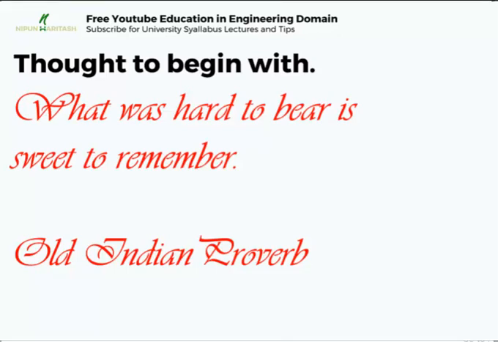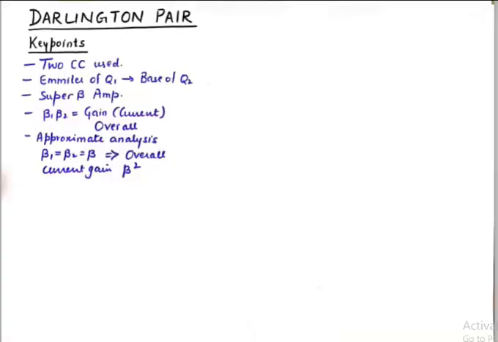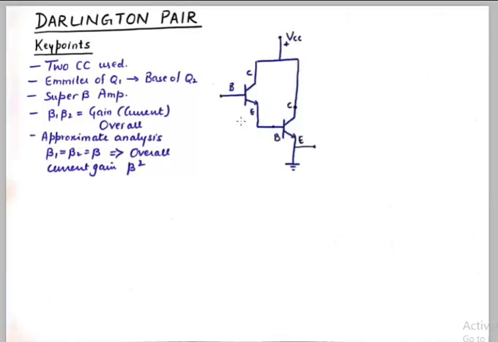When we talk about Darlington amplifier or Darlington pair, it's an arrangement of two common collector BJTs arranged in this manner. Now please understand, we have two transistors Q1 and Q2 whose collectors are common.